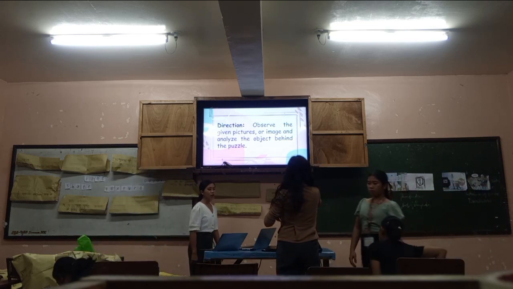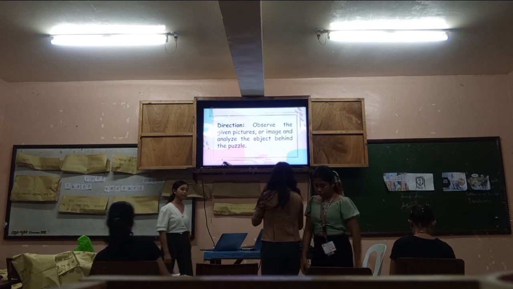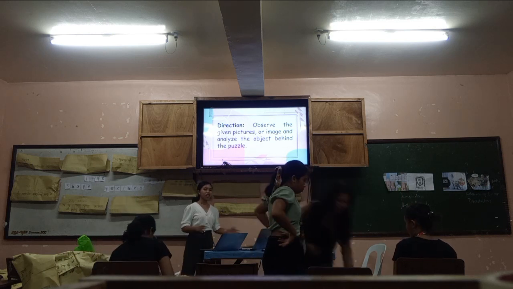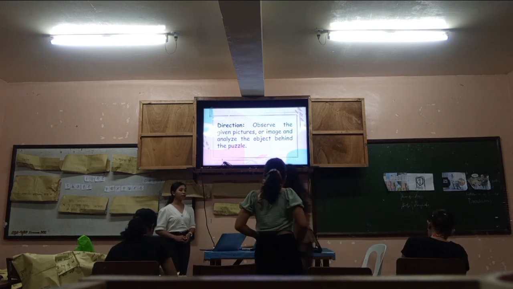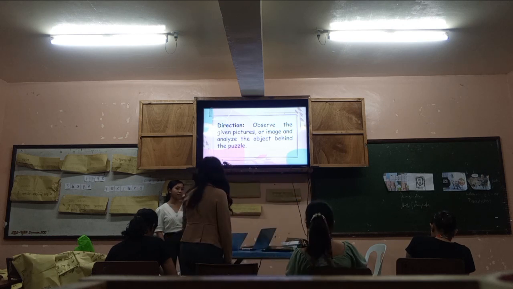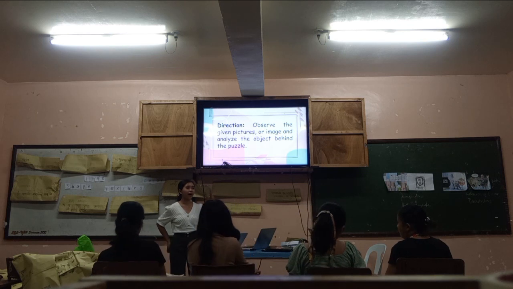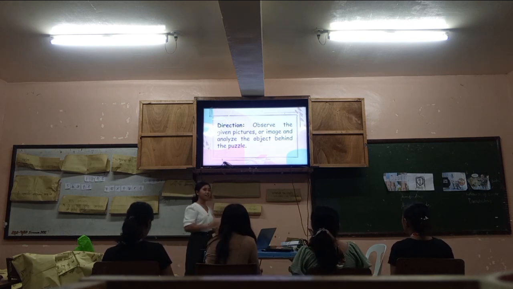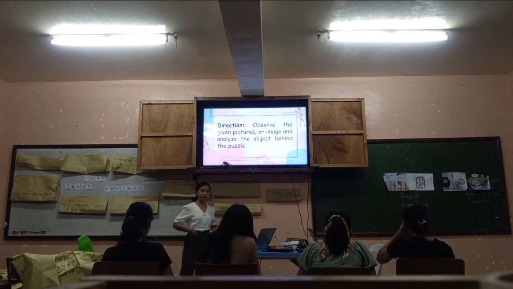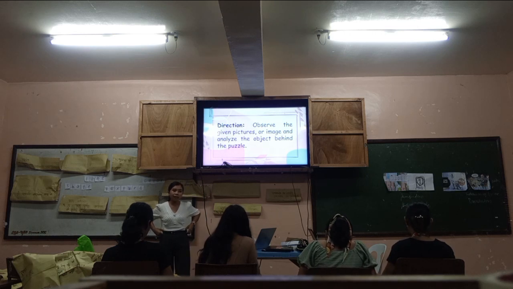Okay, class, please take a seat. Class, look at the puzzle you assembled. What are the things you noticed? Color, teacher. The color. What else? There's a line, teacher. Okay, very good. There's color, line, and shapes.